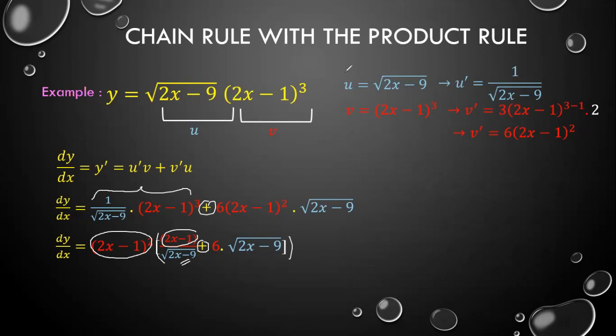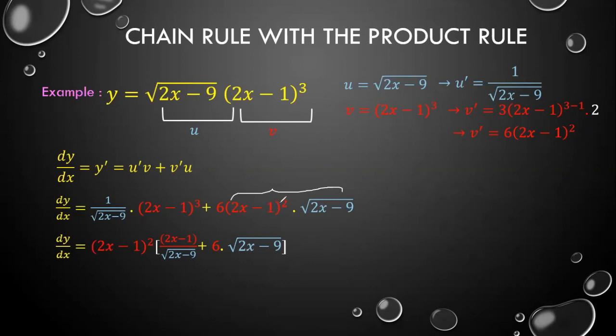Is it clear? And then for the right side, you can check it now by putting 2x minus 1 squared outside of the parentheses. So 6 and root of 2x minus 9 is left inside. Is it clear to everyone?